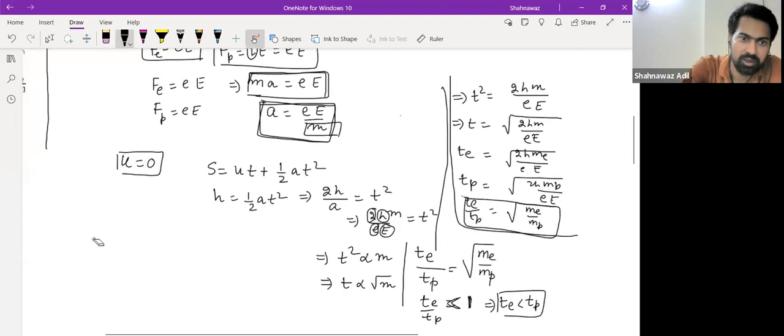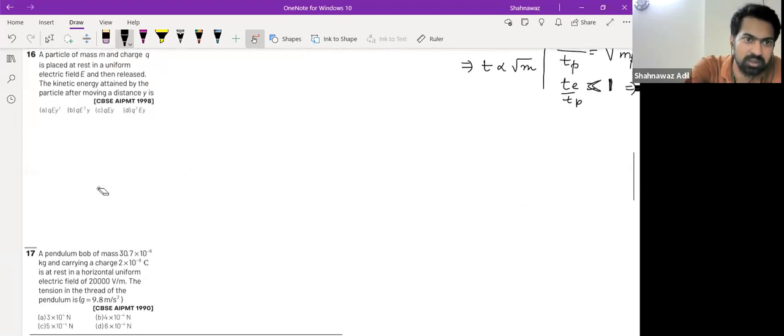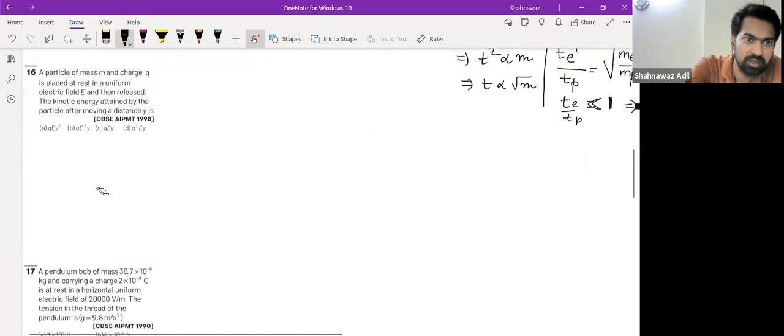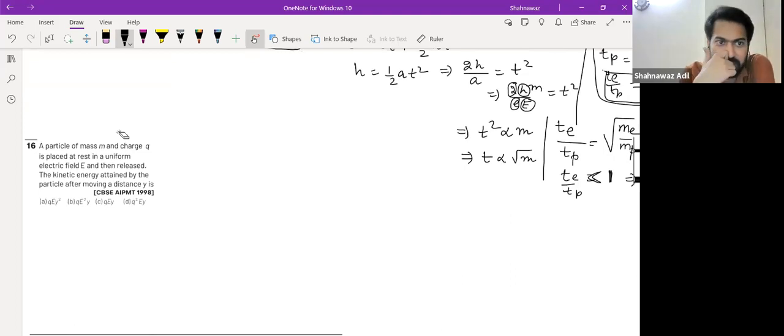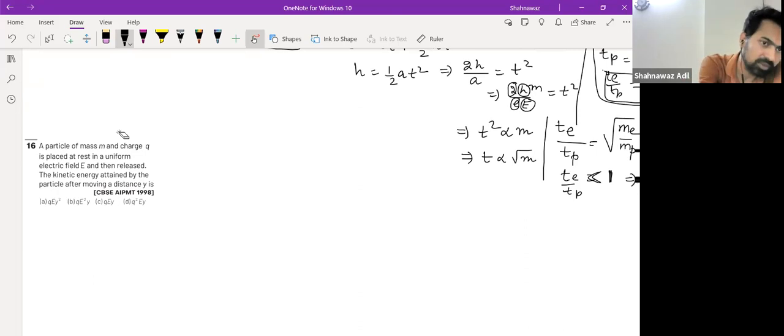Okay, so the next question is: a particle of mass m and charge q is placed at rest in a uniform electric field E and then released. The kinetic energy attained by the particle after moving a distance y is?